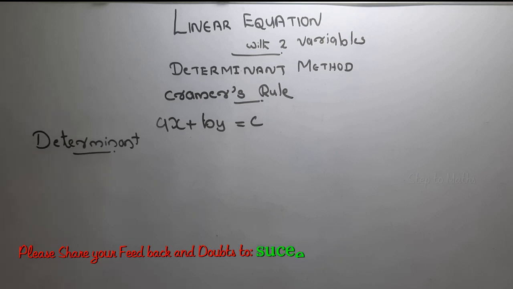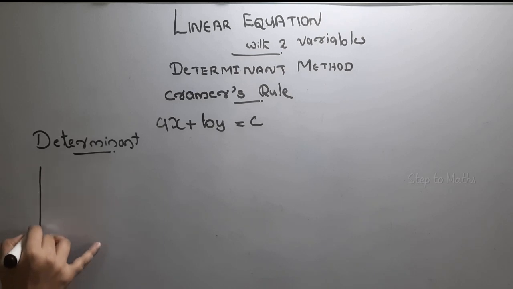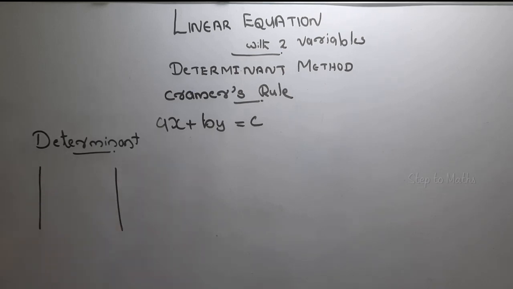What do you mean by determinant? Actually, a determinant is a square array of numbers which represents a certain sum of products. Simply, numbers written within a pair of vertical lines.